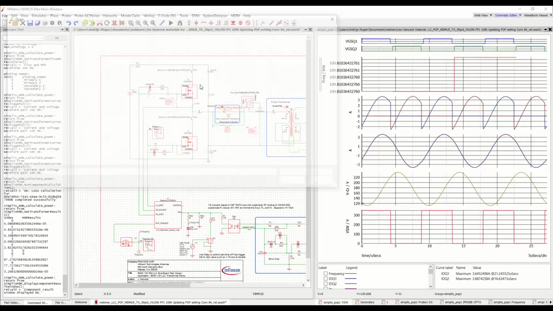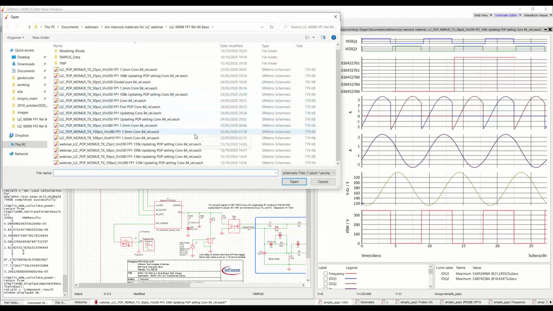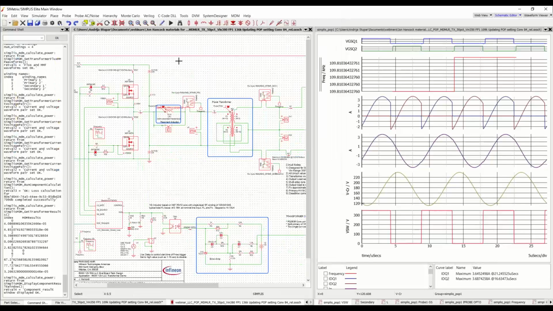So let's take a look at another load condition, which is 380 volts. So the design is the same. We're just now doing 380 volts in rather than 350.